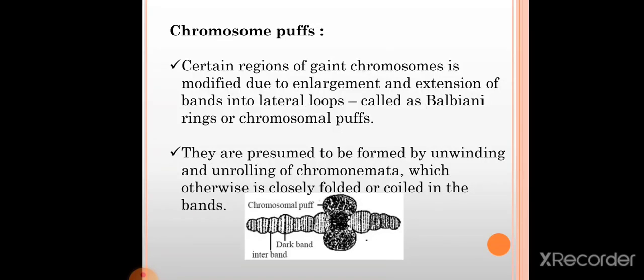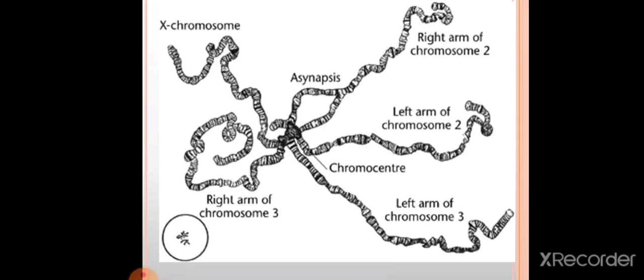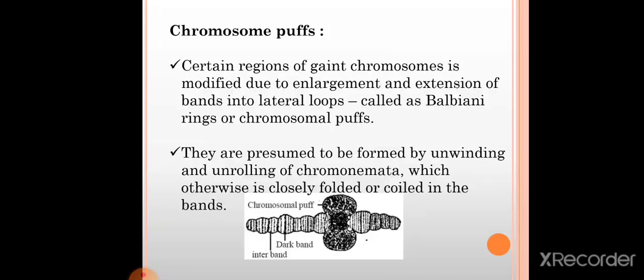Now, when you observe the structure of polytene chromosomes, here and there, apart from the light band and the dark band, you can see certain regions of the chromosome showing swelling or a little bulged up. This bulged portion of the chromosome arm is what is called chromosomal puffs.